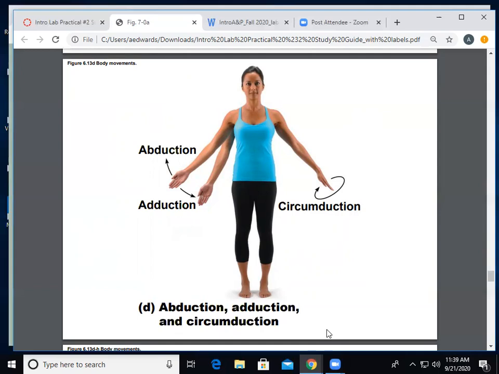Coming back in is adduction. Perhaps you've worked out at a gym and you've seen leg adductor and leg abductor machines. If you're sitting down on those machines and you move your leg out, that's abduction. If you're having to press and move your leg back in, it's adduction. Now, if you take your arms and rotate them like this, that's circumduction because you're going in a circle.